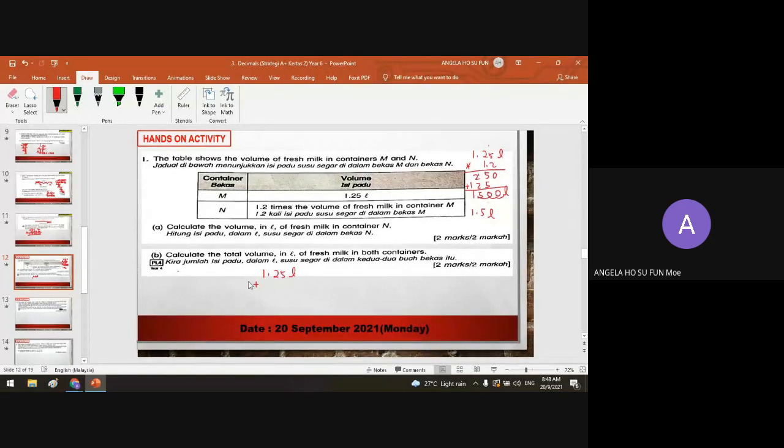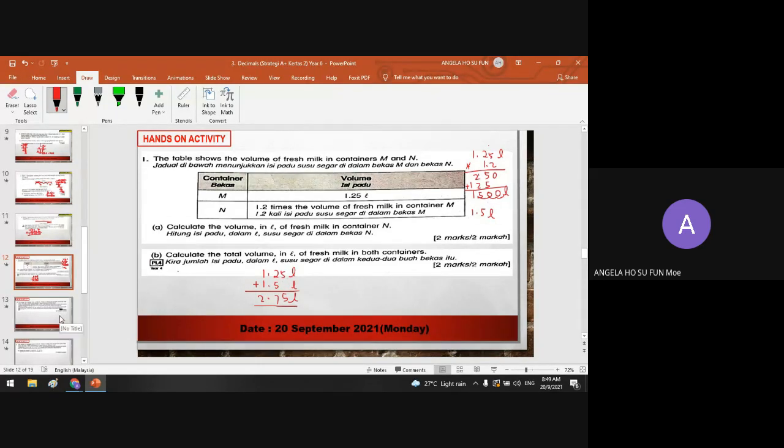So you add 1.5 liter. Don't forget liter. This is 5, this is 7, and this is 2. So your answer is 2.75 liter, not 2.7. Don't forget this 5 at the back. It has value there.